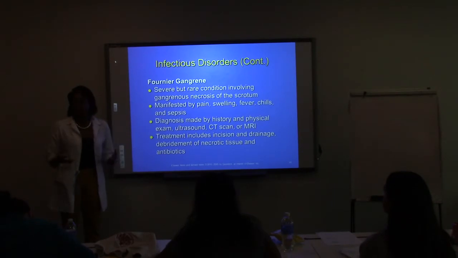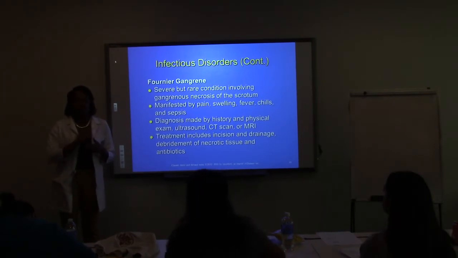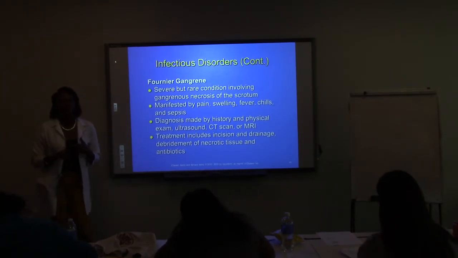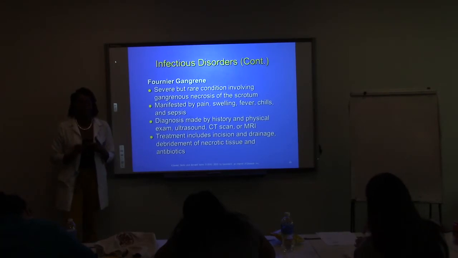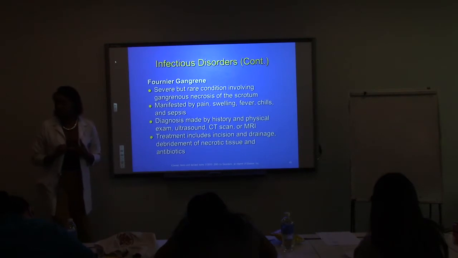It doesn't happen all the time with individuals, but I'll give you two groups of people that are high risk for this, if you want to jot down. Number one, diabetic patients, and number two, patients that are alcoholics. They're a little more high risk for this particular case.